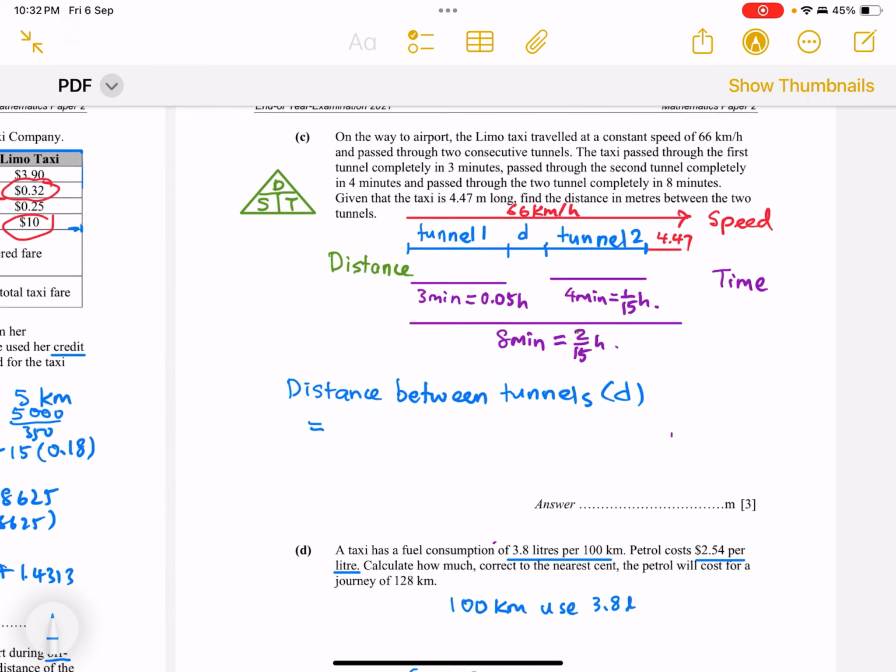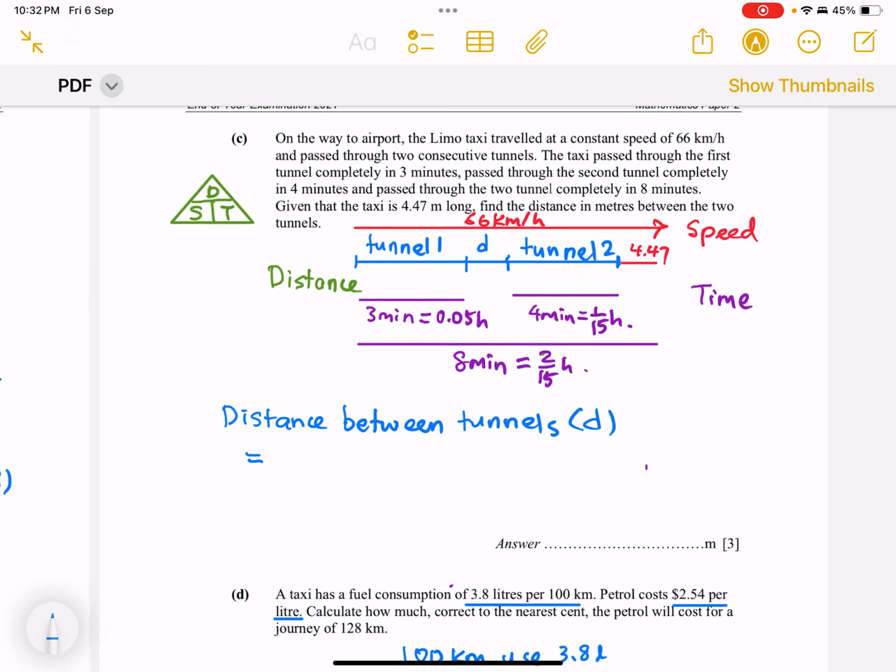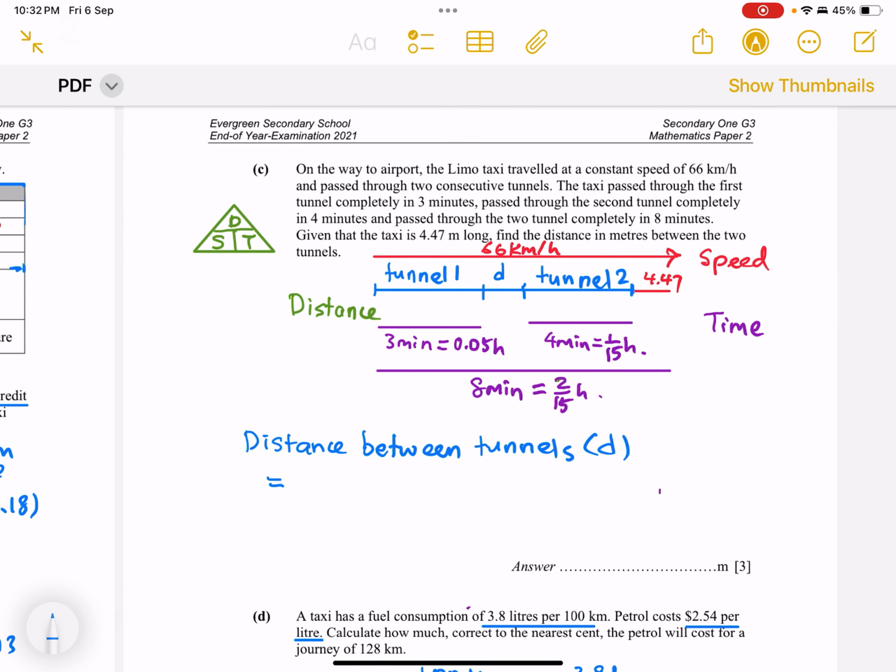Okay, now for the next sum, we have the limo traveling at 66 kilometers per hour throughout the whole journey, passing through tunnel 1, then a certain distance, and then through tunnel 2, and then coming out. And the taxi is 4.4 meters long. So this is the taxi when it's out of the tunnels.